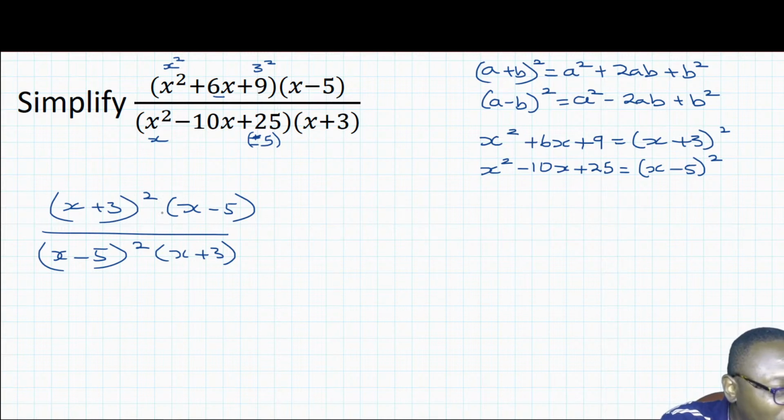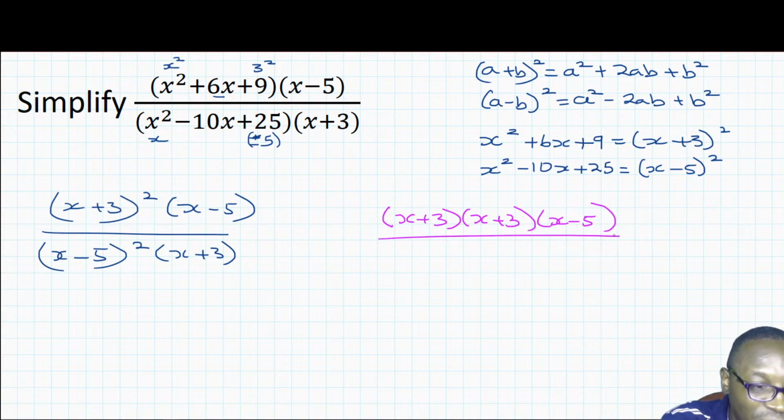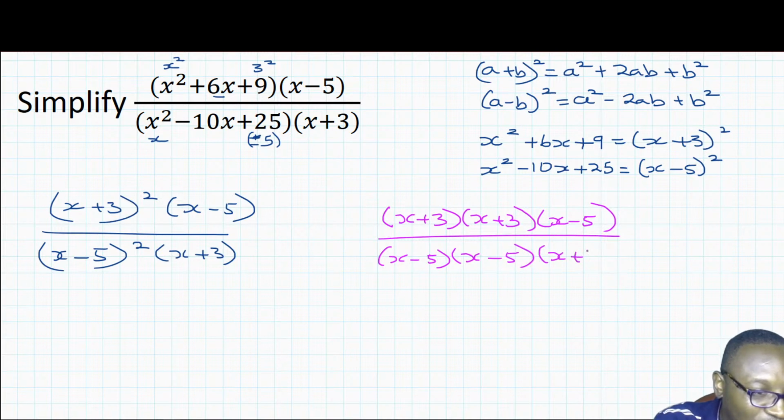So you have (x plus 3) squared, which is the same as (x plus 3) multiplied by (x plus 3). And then we have (x minus 5). This is actually algebra 1. Some of this may look like algebra 2, but everything you need to answer this, you learn in algebra 1. So this is going to be (x minus 5) multiplied by (x minus 5) multiplied by (x plus 3).